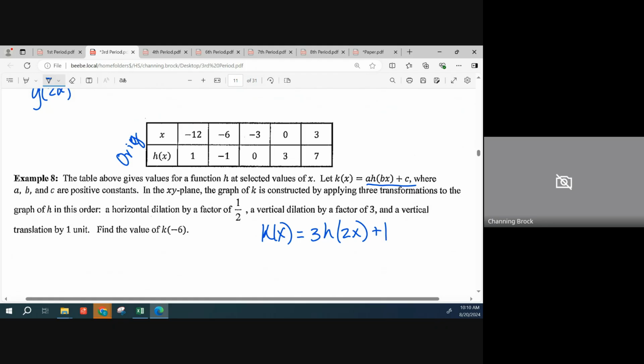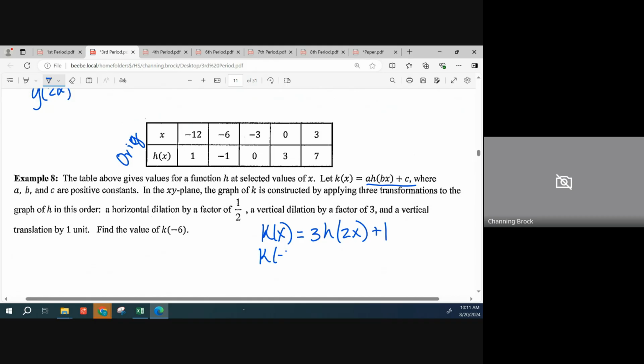So now when I go to find k of -6, do I flip the 2? No. Why? You're just plugging it in, right? So this is like example 6 that we did with the table a second ago, except we constructed the transform function, and now we're doing the same thing we did.